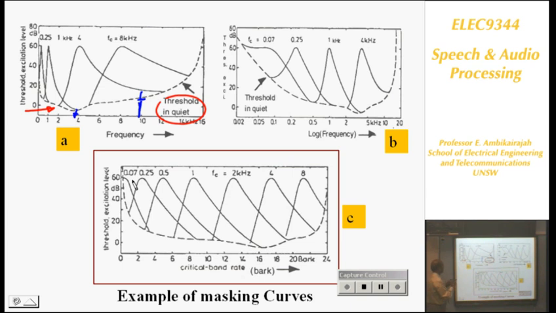Okay? So these masking patterns, you may ask me, how do you get this masking pattern? Look here. Say you have band pass filters, not equal bandwidth, equal height. Now I give a signal at this frequency, at a very high level.